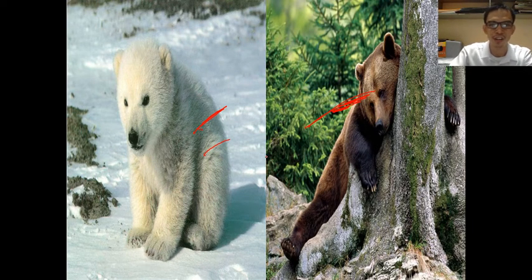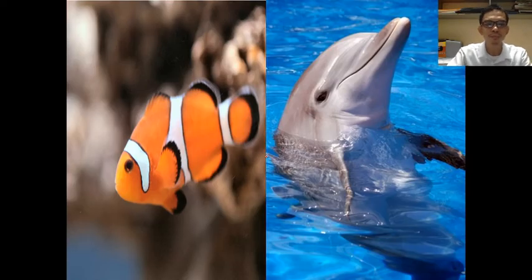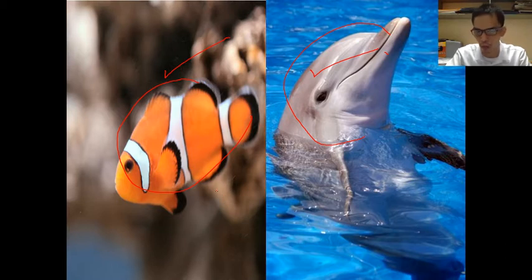Okay, so next, this is a fish, and this is a dolphin. So what makes them different? This is a mammal, and this is a fish. You already know the difference between a mammal and a fish. But what makes them similar? The one that makes them similar is that they both live in an aquatic environment.